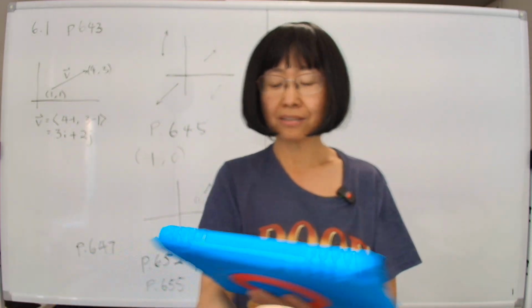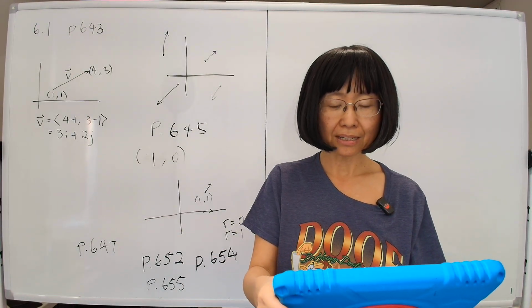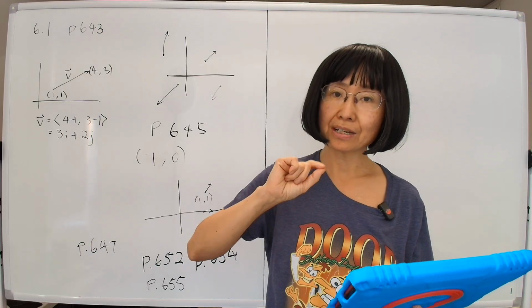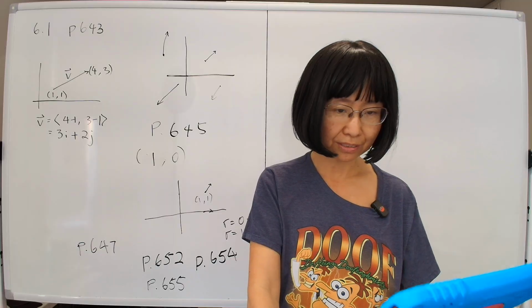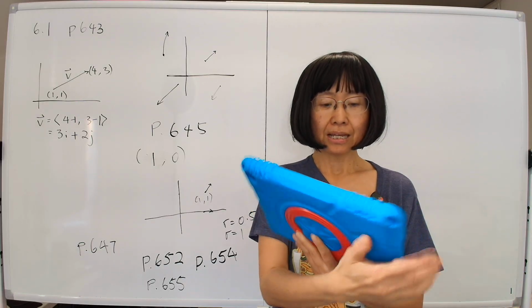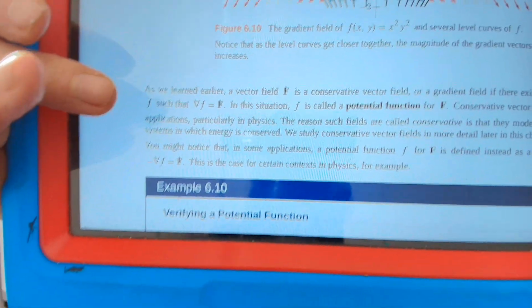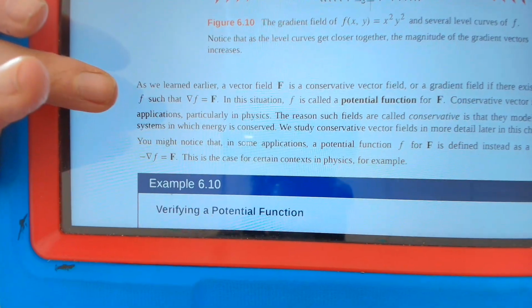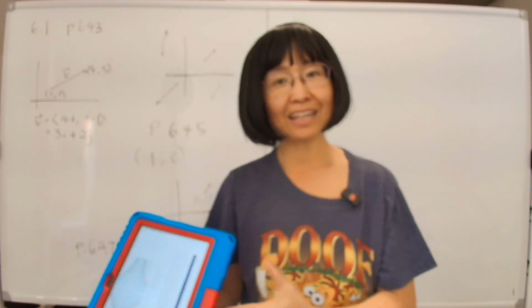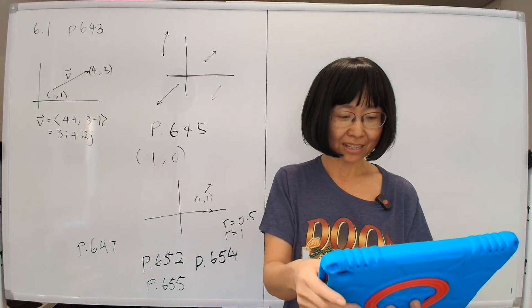So you can see the vector field is perpendicular to the level curves. And when that happens, in the situation where the gradient of f is equal to the vector field F, then the small f is called a potential function for big F. That is, it has the potential of becoming the gradient for the big F. Okay, so that's just a name.